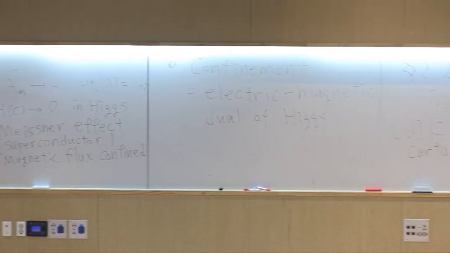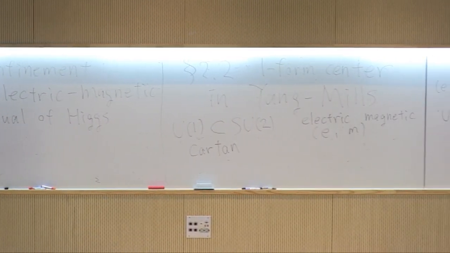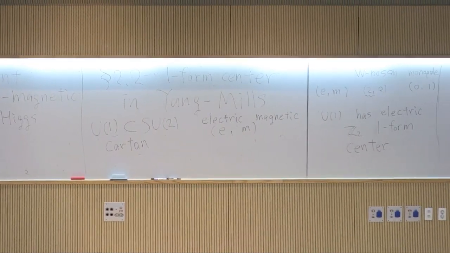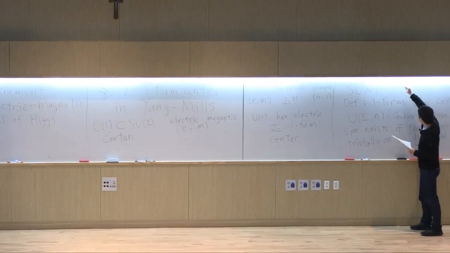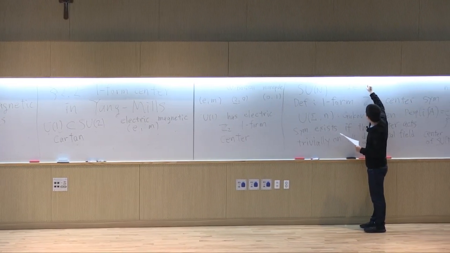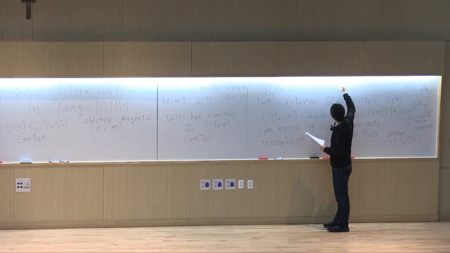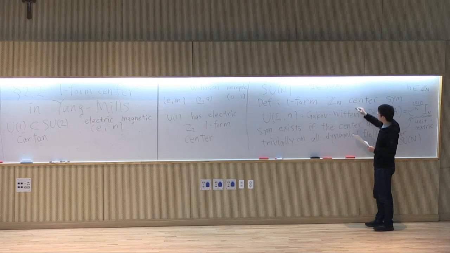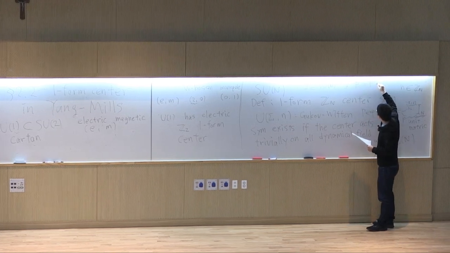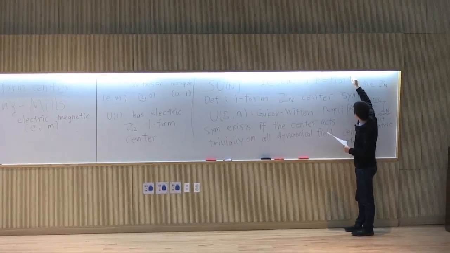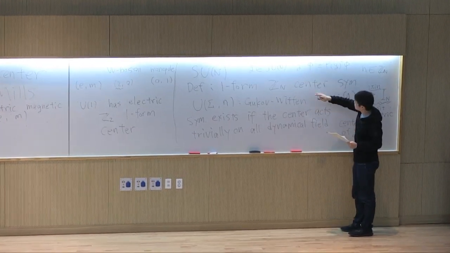If you want to say that it's acting trivially, you should give the definition of the action. What I mean is that if we have a group element of this SU(N), and we have some field, then this group element acts by some representation of SU(N).